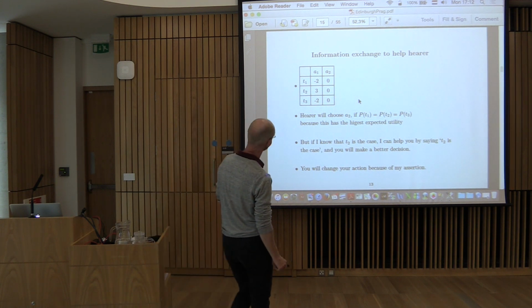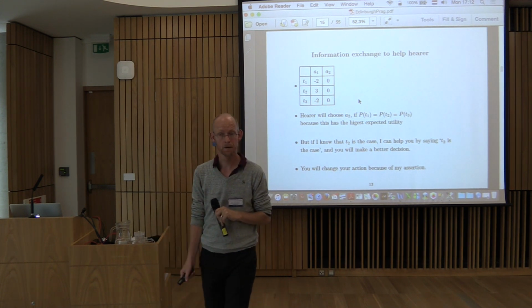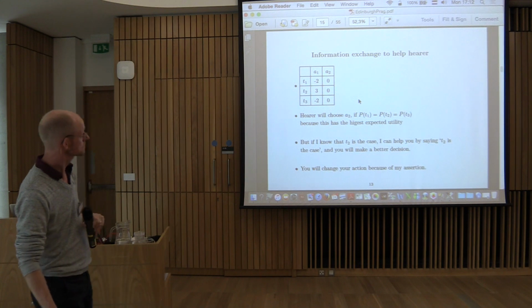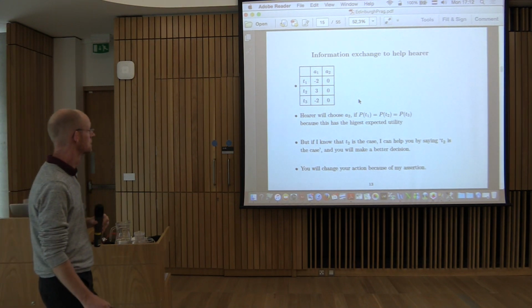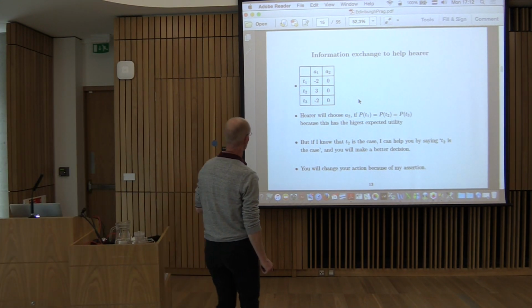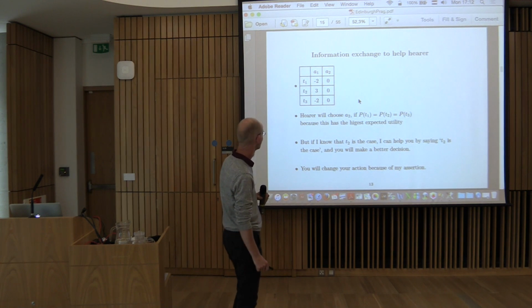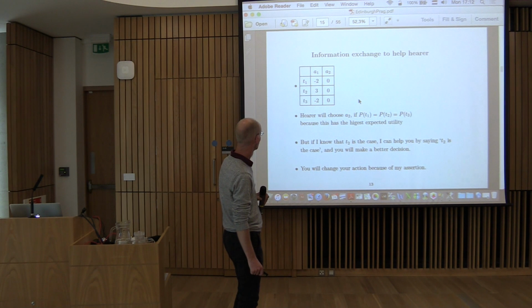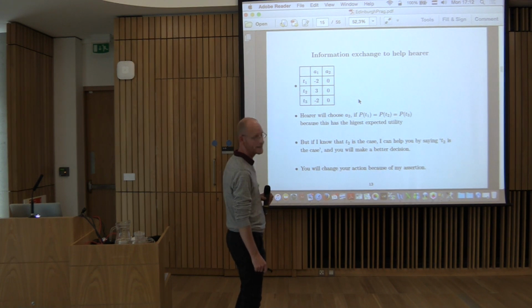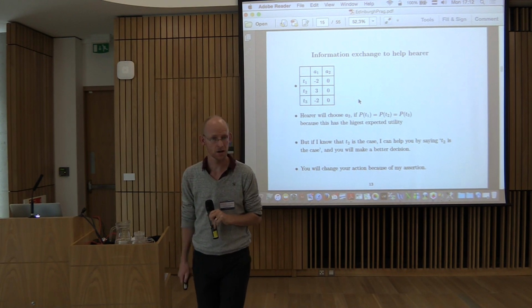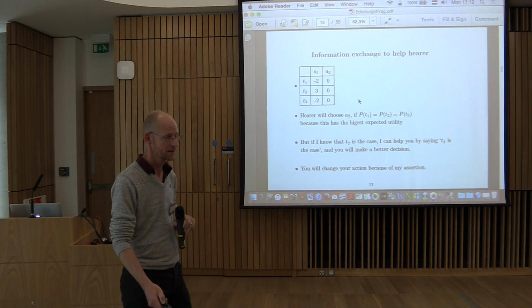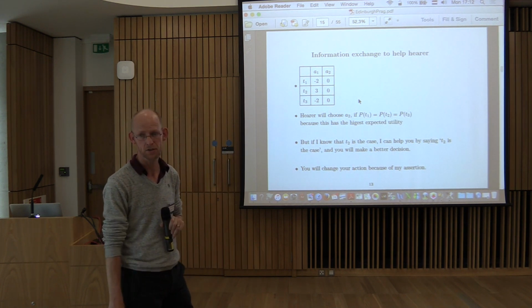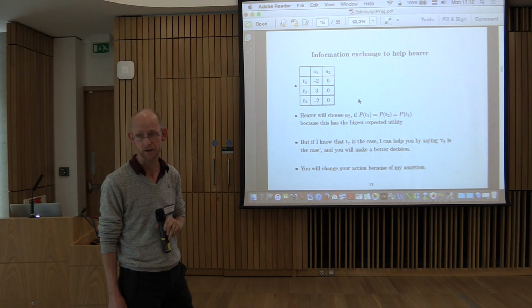What's the action with the highest expected utility? Well, A1 has a negative expected utility and A2 has an expected utility of 0, so A2 you should do, yeah? If you're smart.